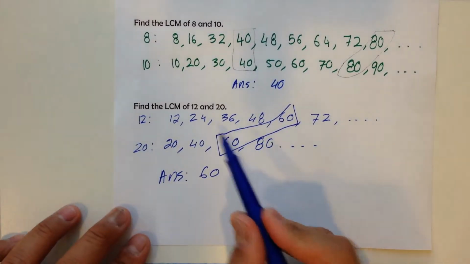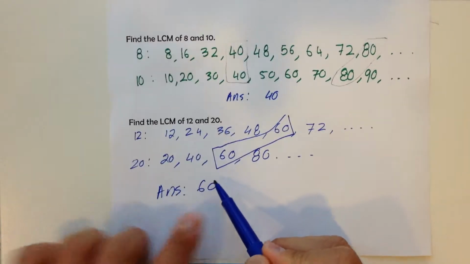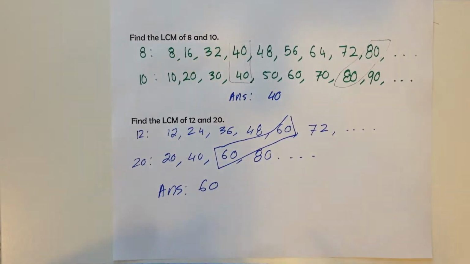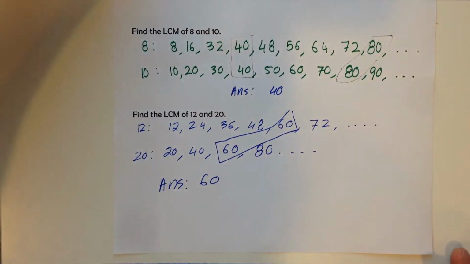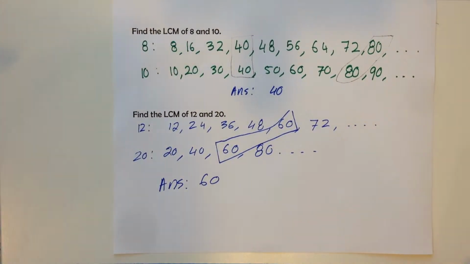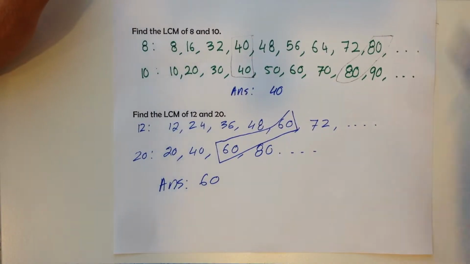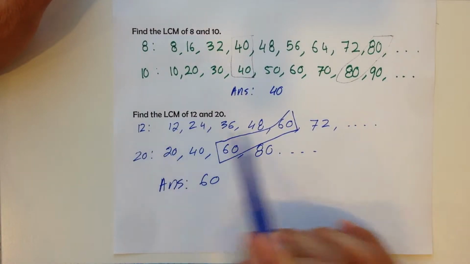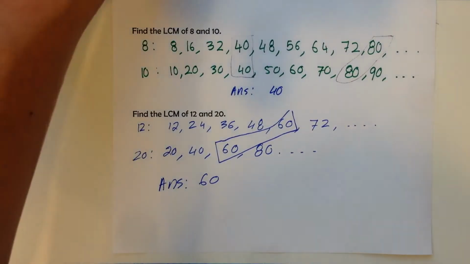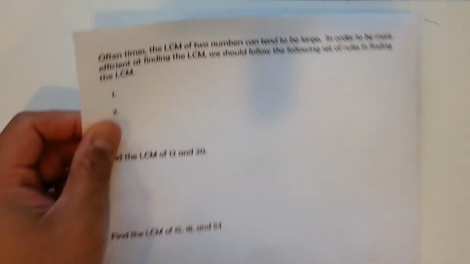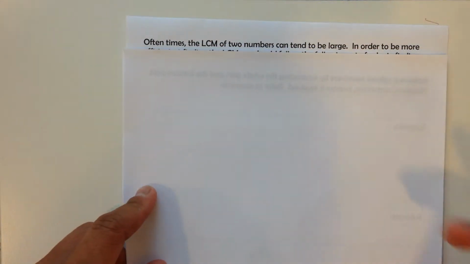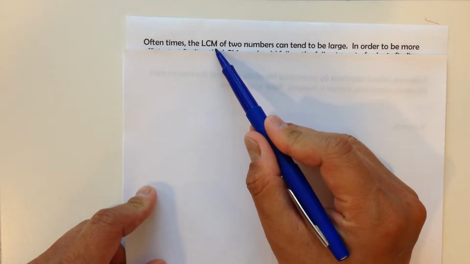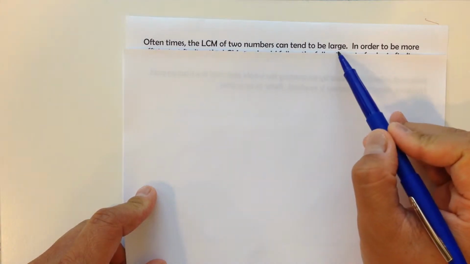Alright, now notice that 12 and 20 do produce a pretty big least common multiple, and oftentimes you're going to get answers that are pretty big. So I will show you how to find the least common multiple using a different method instead of listing them all out. Oftentimes the least common multiple of two numbers can tend to be large.